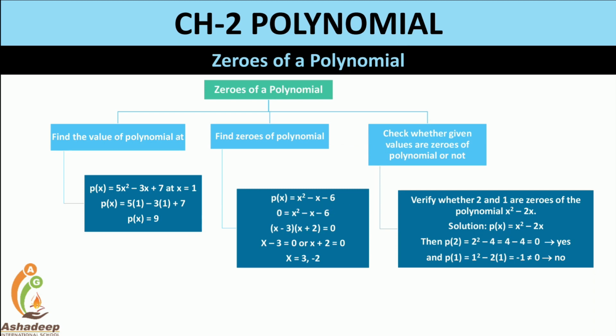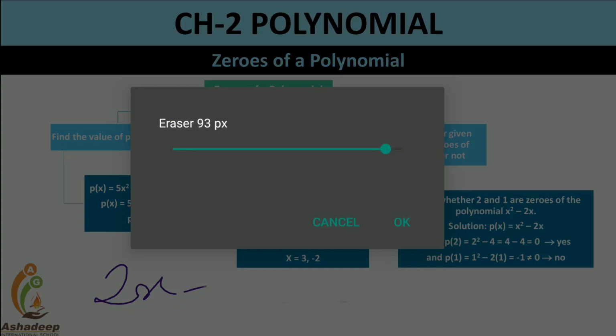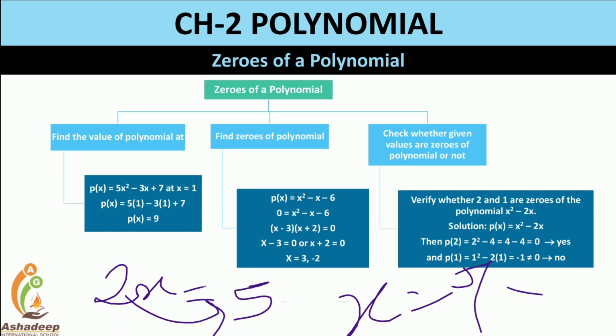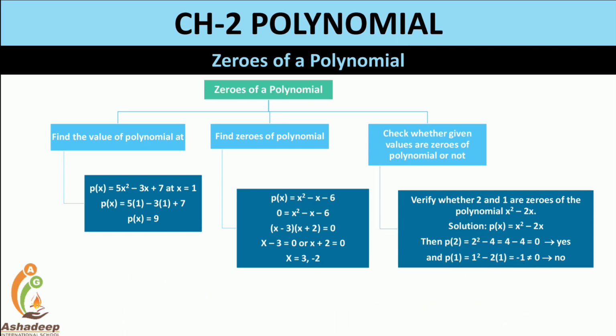After that factorize it, and if it is given like 2x minus 5, then 5 goes to the other side, and 2 from the numerator goes into the denominator, so x is equals to 5 divided by 2. So this is the way we can solve.